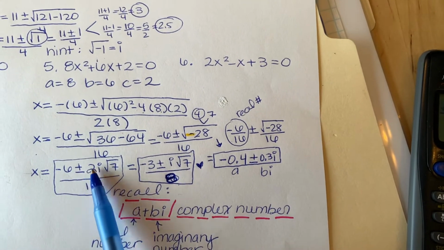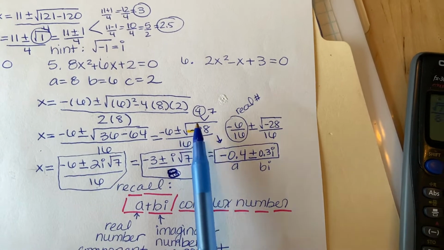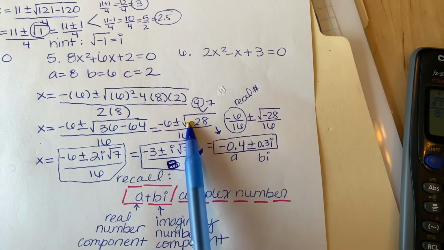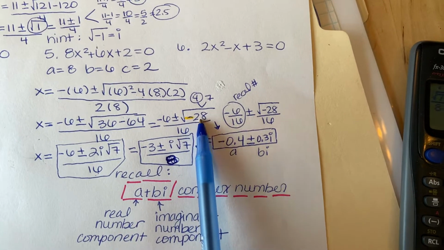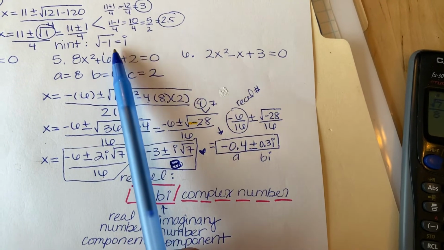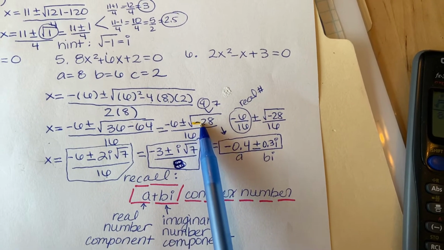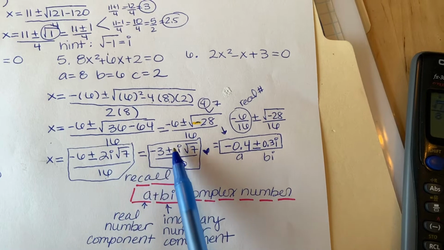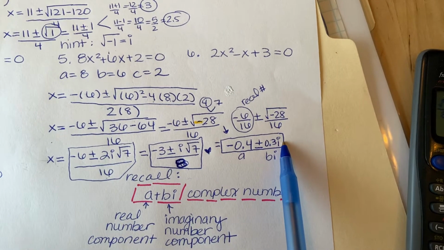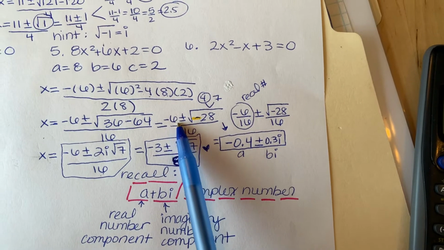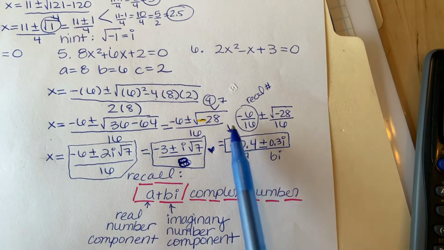Okay, so this is still wonderful because you're able to do the arithmetic of the quadratic formula. However, you have to show that you understand imaginary. And so with that negative radicand, you got to pull it out and make it an i. Now, you can go straight to the calculator, substitute numerator divided by denominator, and you will get the same answer.